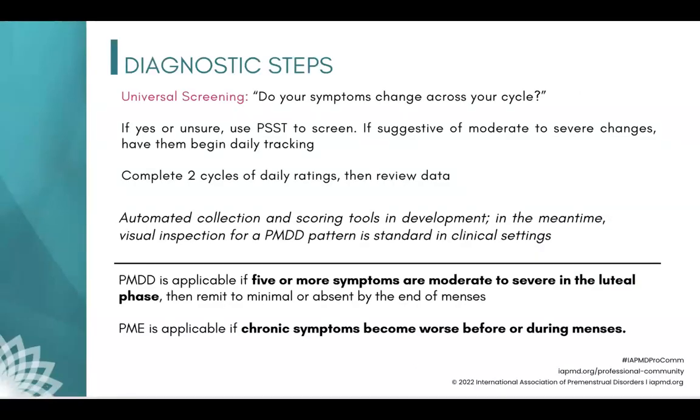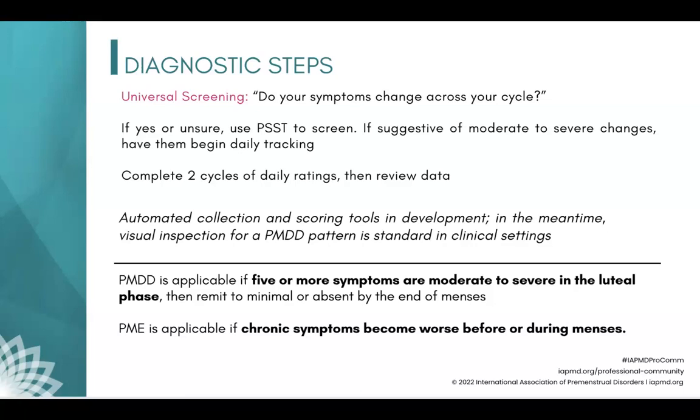So, important steps in diagnosis. First, there's this universal screening question: do your symptoms change across your cycle? If a patient says yes or is unsure, it's worth using that premenstrual symptom screening tool, the PSST, to screen. If the PSST is suggestive of moderate to severe changes, then it makes sense to have the patient begin daily tracking. They'll complete 2 cycles of daily ratings, and then the clinician will review that data.